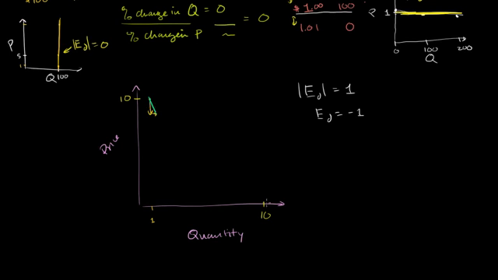Now let's think about what the curve would look like over here. Once again, we want 10% for both of them because we want the price elasticity of demand to be 1 throughout the curve. So let's say we're down here where price is close to 1.